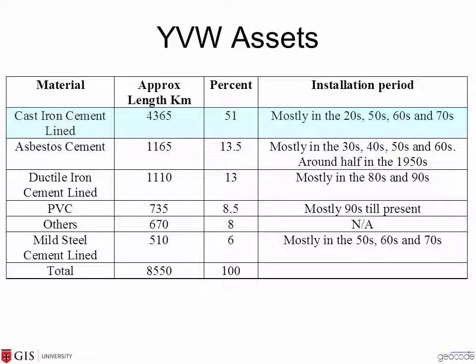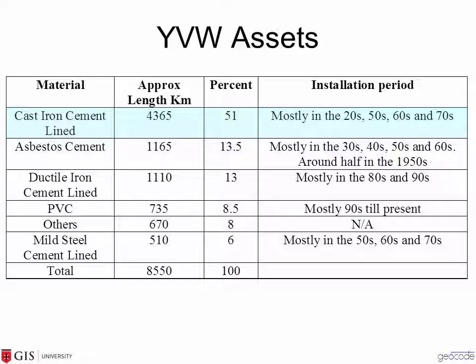Yarra Valley Water has numerous types of assets that were laid in different places at different points in time. So even seemingly identical assets may have been manufactured using different techniques, at different ages, and are certainly in different soil environments.